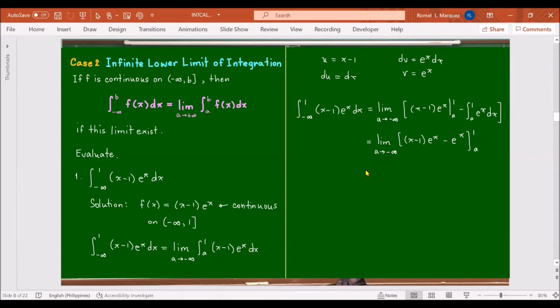Let us evaluate this at the limits. We have the limit as a approaches negative infinity of 1 minus 1, which is 0, times e to the first, so 0 minus e to the first, then minus, when x is equal to a, we get (a minus 1) e to the a minus e to the a.